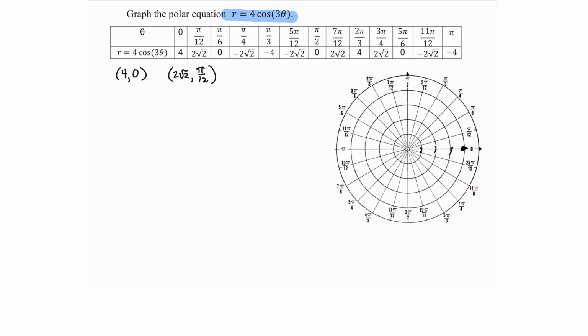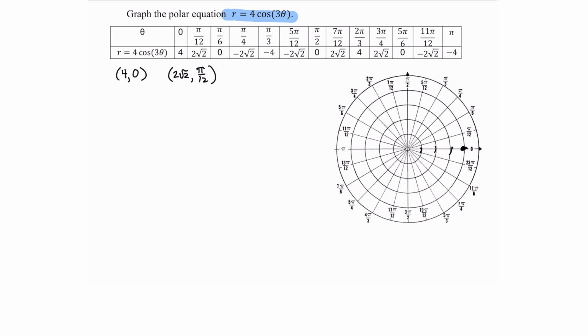Now 2 times the square root of 2 comma pi over 12. So you're going to rotate facing the pi over 12 mark on the polar graph, and then the radius is positive 2 times the square root of 2. Well, the square root of 2 is approximately 1.414. Multiply that by 2, you get 2.828, which is just shy of 3.